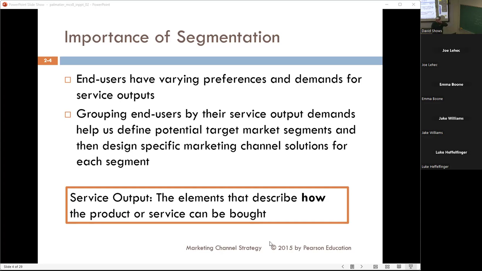We group the way consumers want things by what is known as the service outputs. What do consumers want from us? What are the levers that we can choose to make things happen as we wish? We look at three things from our service outputs.